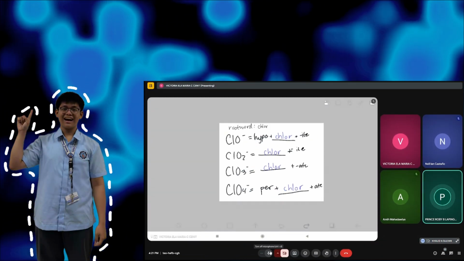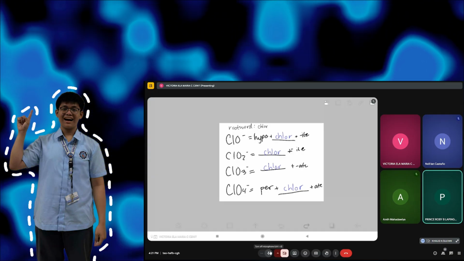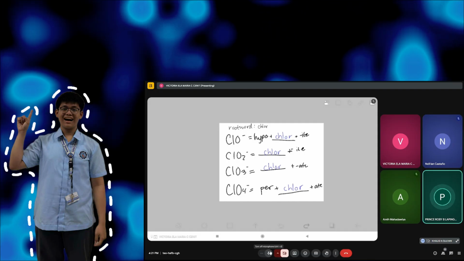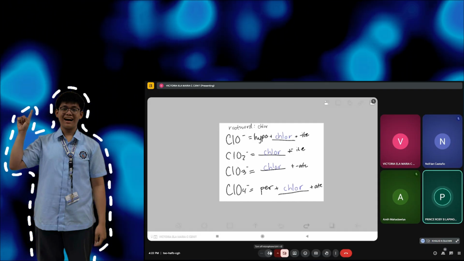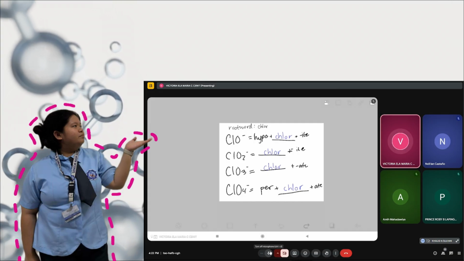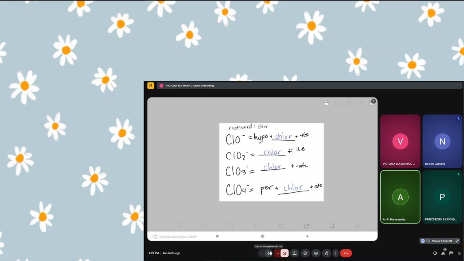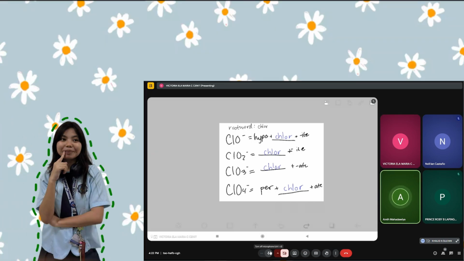Okay, so the trick is to watch the endings ite and ate, and the prefixes hypo and per, depending on the oxygen count. Exactly. Once you memorize the common ions, naming their compounds gets easy. Got it. Next time I see Na2SO4, I'll know it's sodium sulfate, not just sodium something.